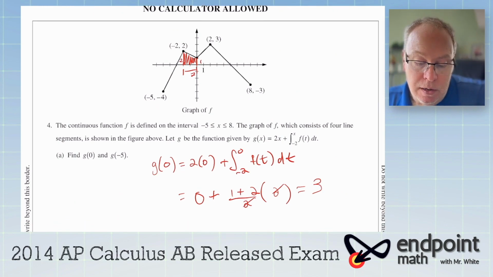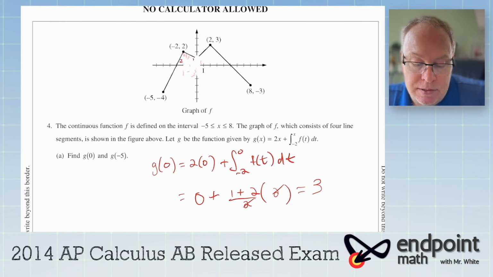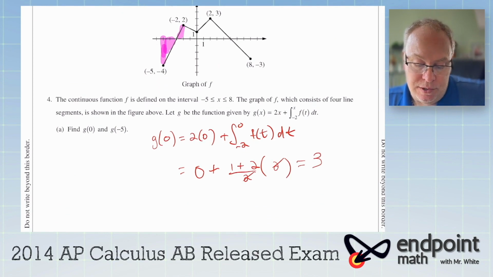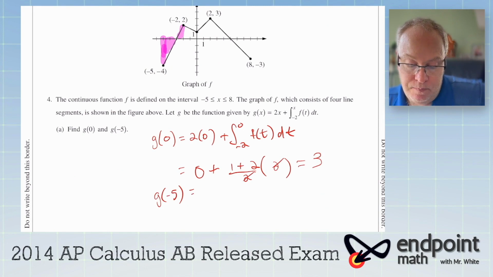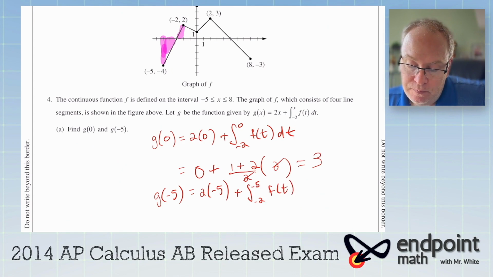as your answer for g of 0. Now I'm going to erase that because now we've got to do g of negative 5. G of negative 5 is over here. But notice we're going backwards this time. So g of negative 5 would be 2 times negative 5, that's negative 10, plus the integral from negative 2 to negative 5 of f of t.